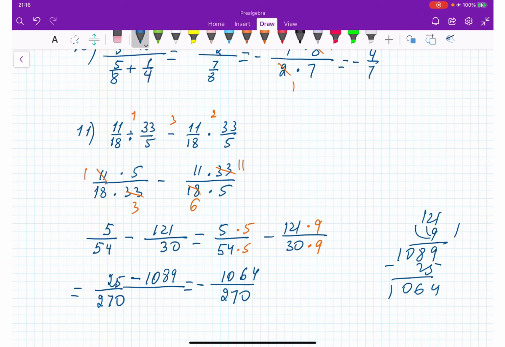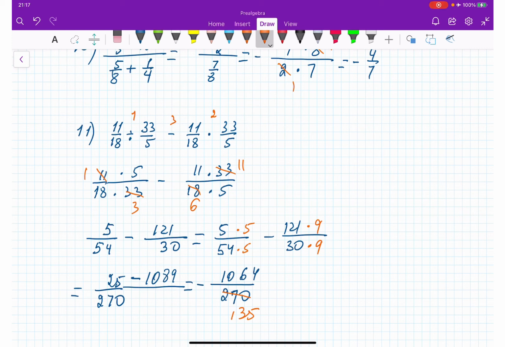Okay, let's see if we can reduce somehow by 2. Both of them are even numbers, right? So if nothing else, we can reduce by 2 at least. 270 divided by 2 is going to be 135, right?